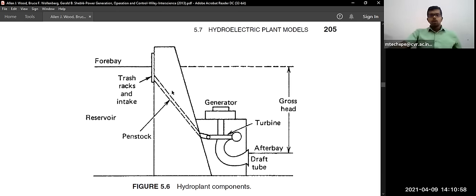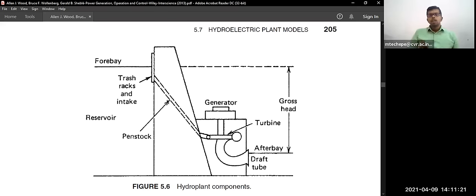In that scenario, the water will be flowing up to this penstock, and this penstock will have more and more pressure. So there is a possibility of bursting the penstock. Sometimes it will simply get damaged, destroyed or burst.